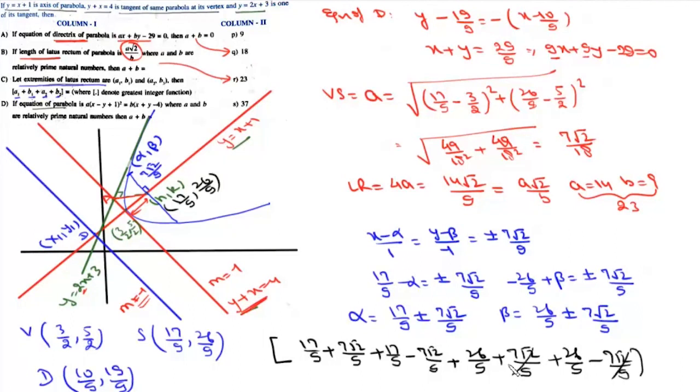So the 7 root 2 by 9 terms will cancel. We'll get 34/9 plus 52/9, which is 86/9. 86/9 is 9 point something, so its greatest integer function value is 9. So that means this value is mapped to P.